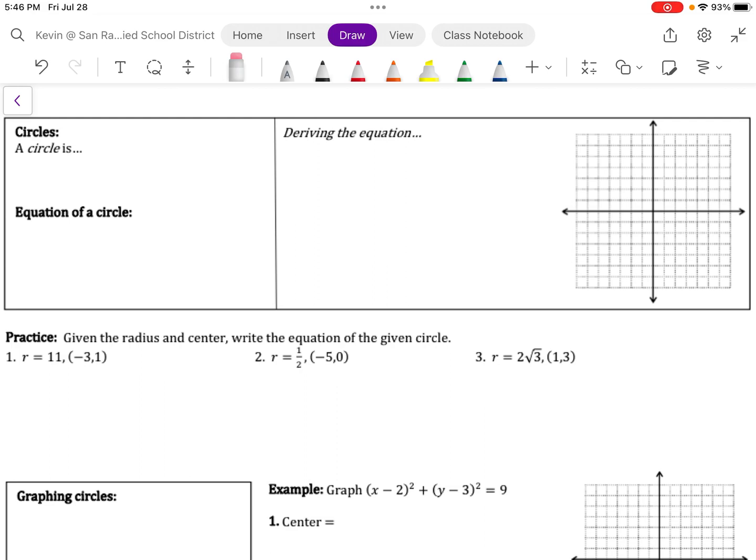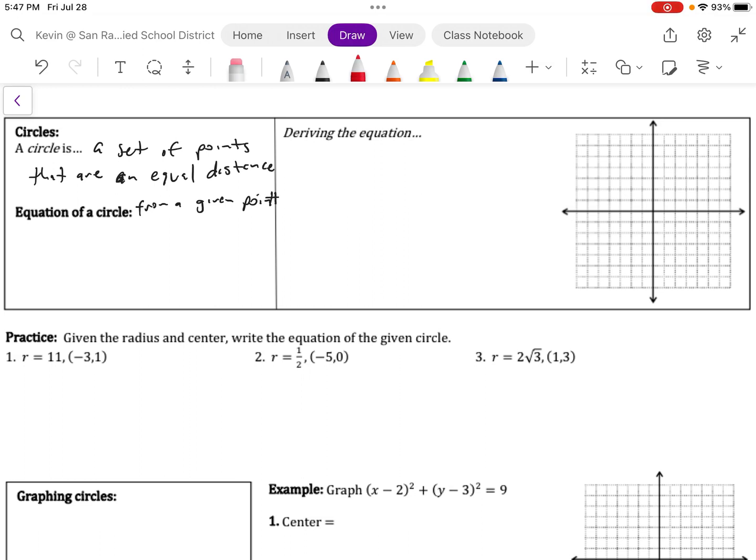And a circle by definition is a set of points that are an equal distance, I'm going to leave a space here, from a given point, just a point, not points, a given point.